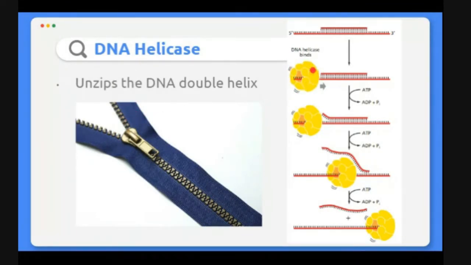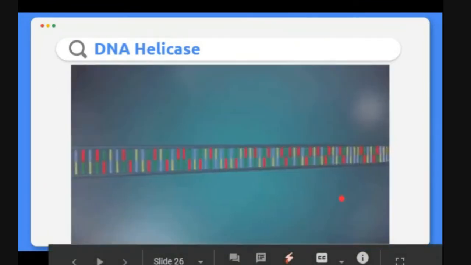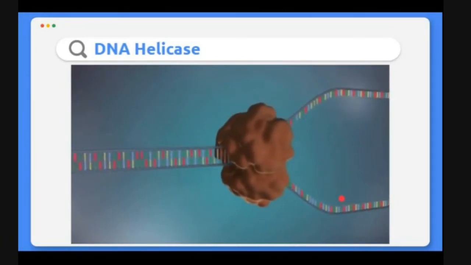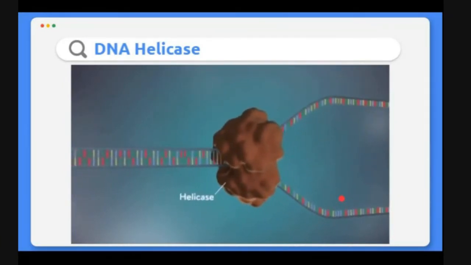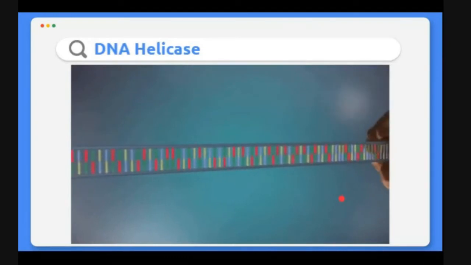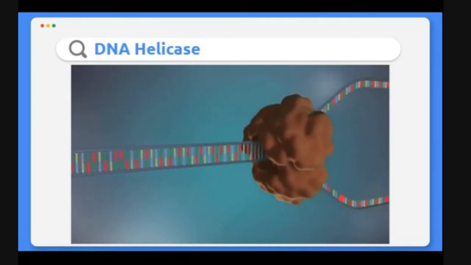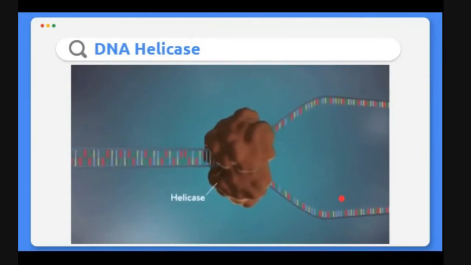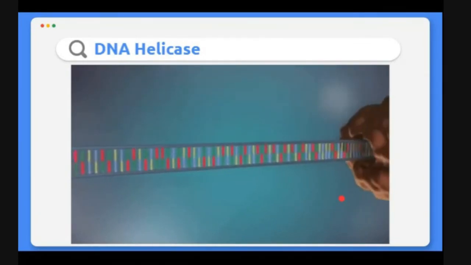And what it does is that it binds to your DNA strand and it opens up your DNA. So, ganito yung itsura niya para i-open up niya yung DNA mo. So, yun lang yung DNA helicase. So, remember nyo lang na yung DNA helicase, ang function niya ay to unzip your DNA. Okay?